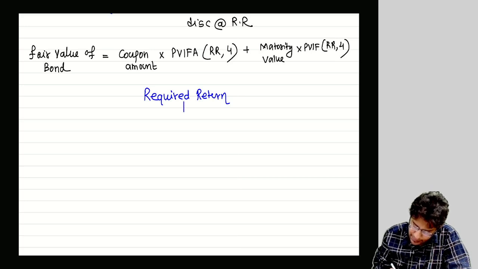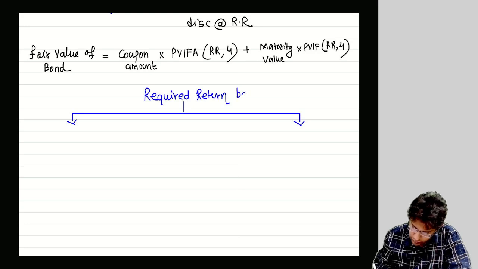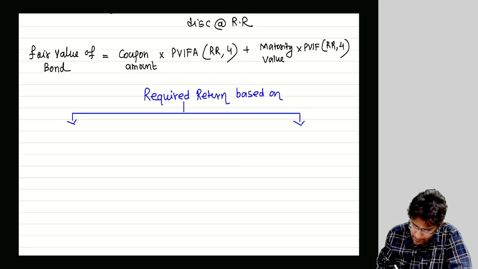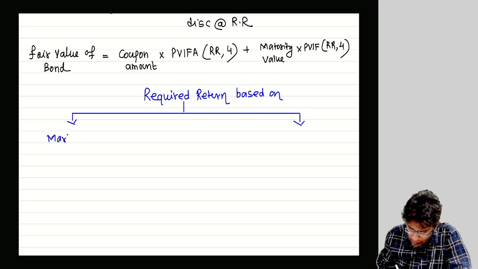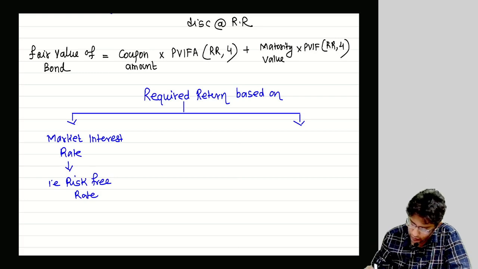Required return is based on two things. Market interest rate, that is the risk free rate, and not only that, also the riskiness of the borrower.